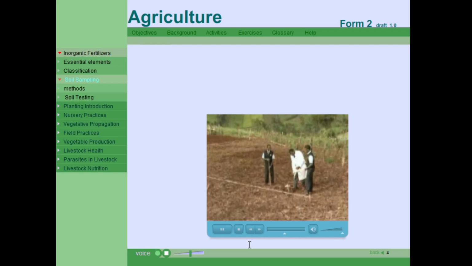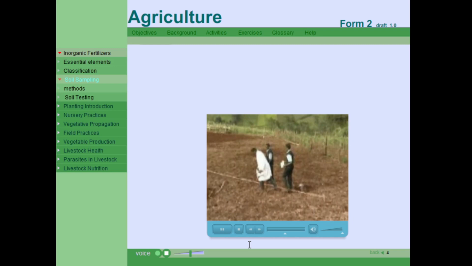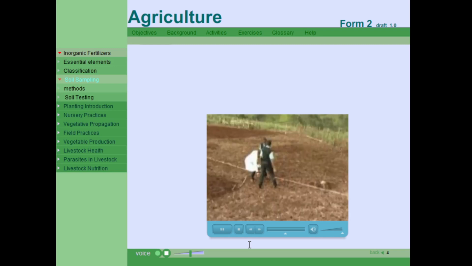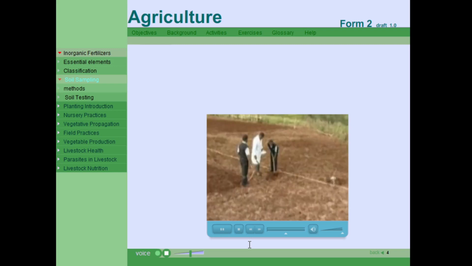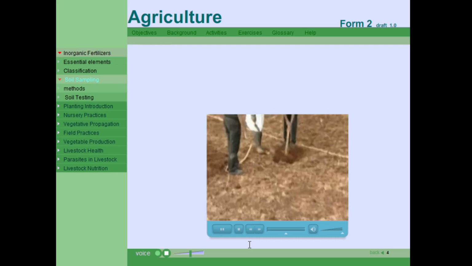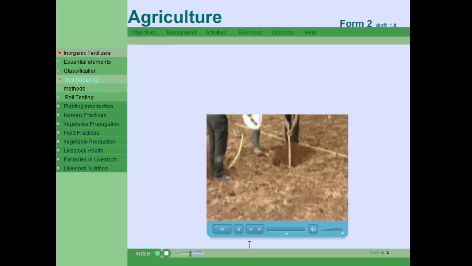We shall now alternate to the next point of our sample collection. James, remove the top humic soil at this point. Good. Now dig up to 25 centimeters into the soil. Good.